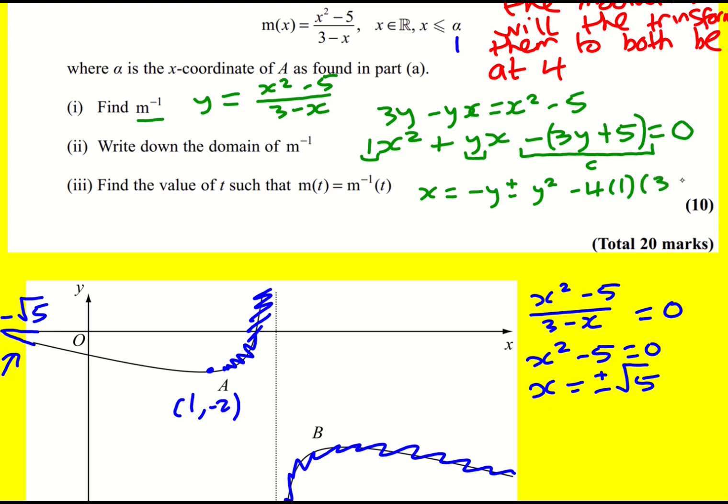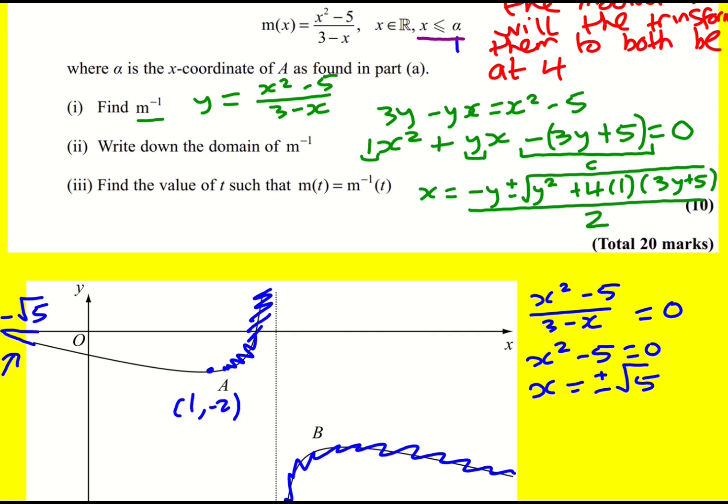So that will be 3y plus 5 times minus 1, so this ends up being a positive, all square rooted over 2. Now, remember our domain was x is less than or equal to 1, so most of our x values are going to be negative.